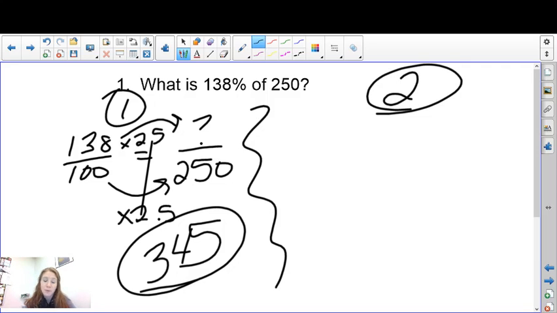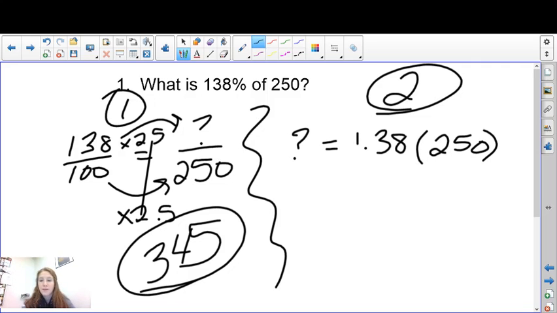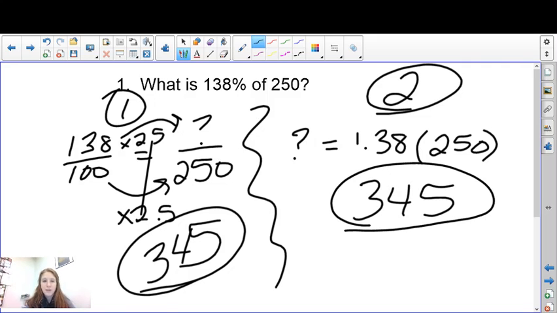And again, I don't care which method you choose. What is 138%? We never use percentages, we always turn it into a decimal. Of means multiply, and then we multiply 1.38 times 250, which again gives me 345. So our answer for number one should be the letter B.